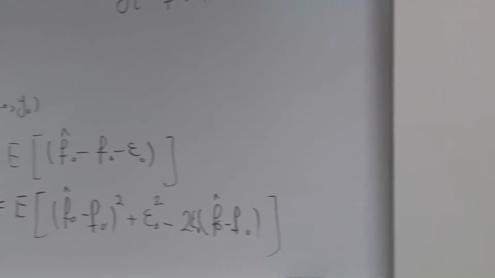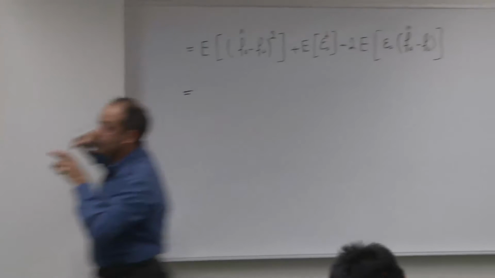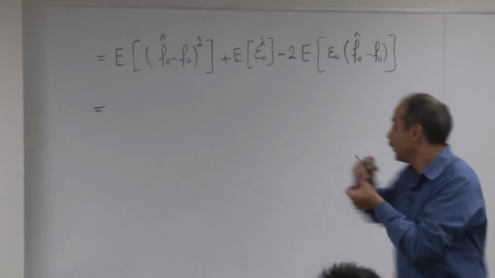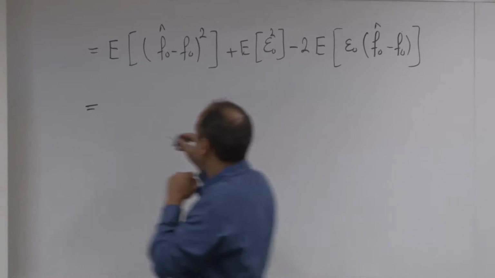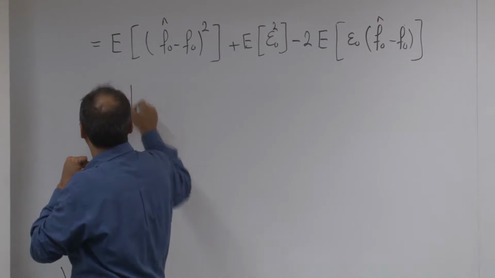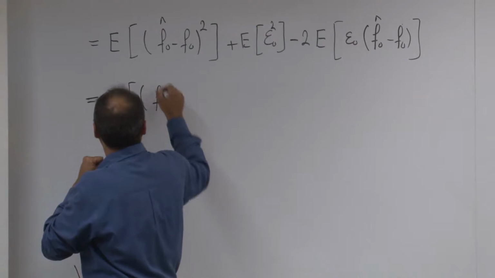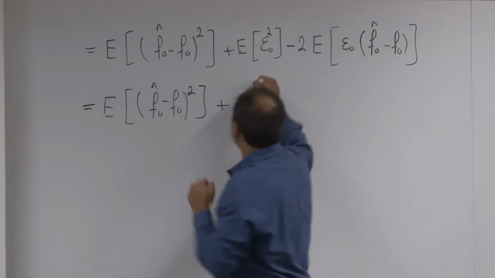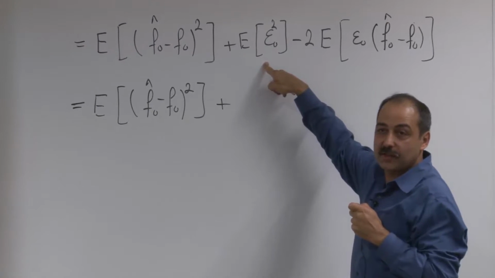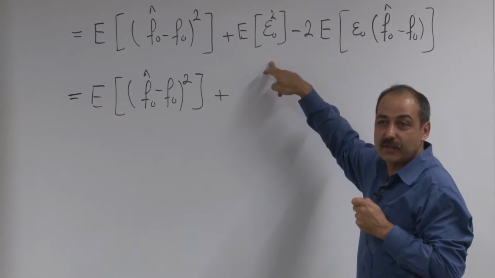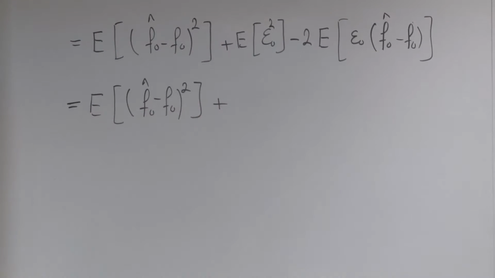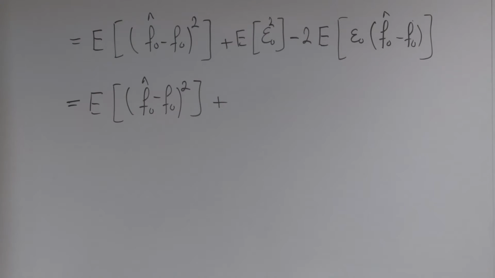Okay, this is the term that we are interested in. We want this to be minimum, the distance between the function and the estimation. So what's this term? Expectation of epsilon squared. Don't forget that this is standard normal.